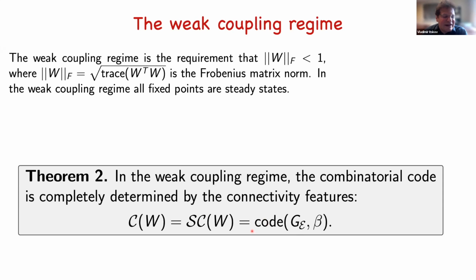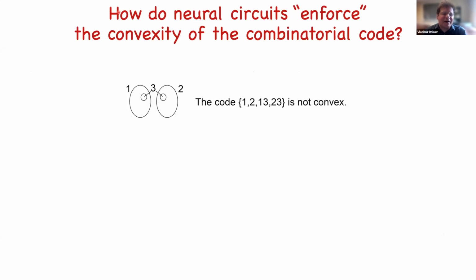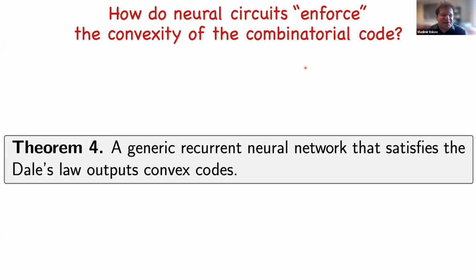And a corollary of this is that one can now play with this combinatorial description relying on the connectivity features and answer this question in earnest. Remember, what I told you is that some combinatorial codes are not convex. And there was a question: but wait a second, how do so many neural systems output convex codes nonetheless?